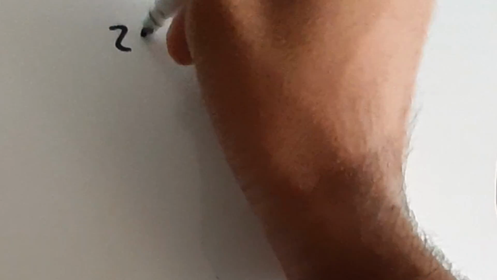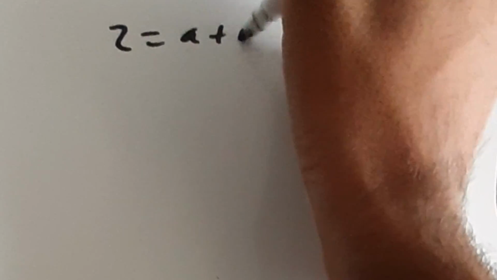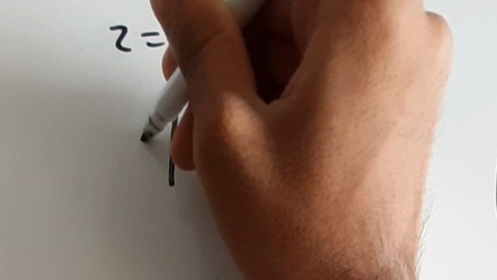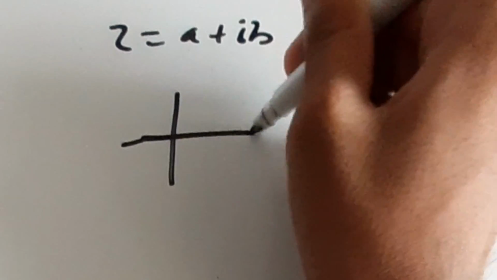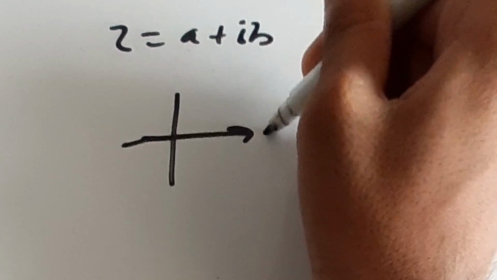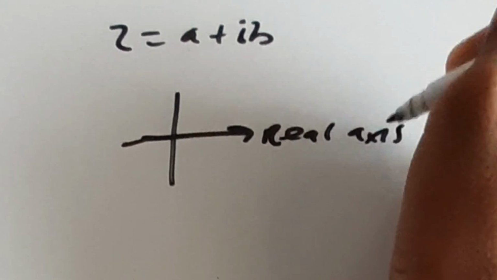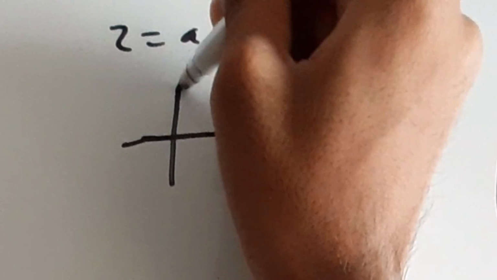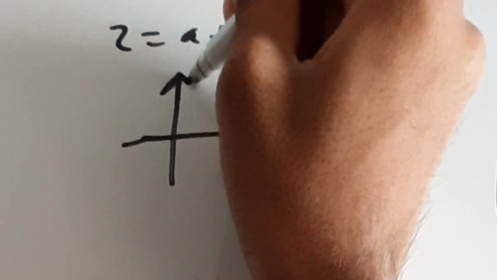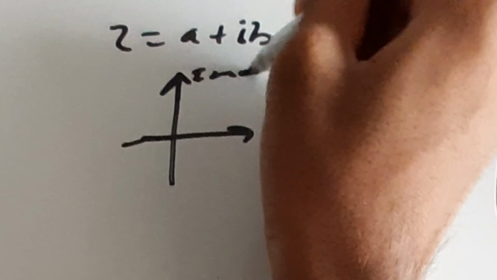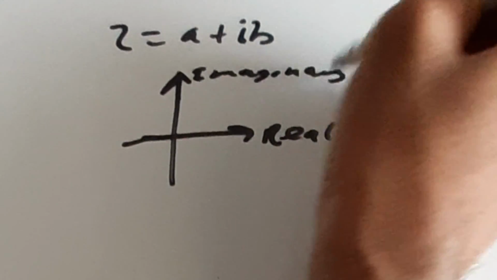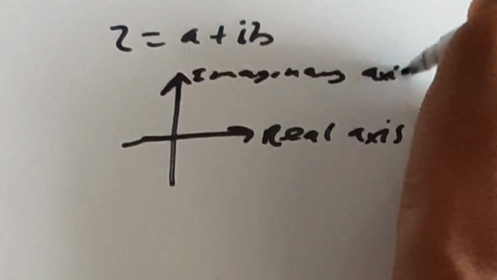To plot the complex number equation z equals a plus ib, the standard horizontal x-axis, so this right here, transforms into the real axis. And the standard vertical y-axis transforms into the imaginary axis.